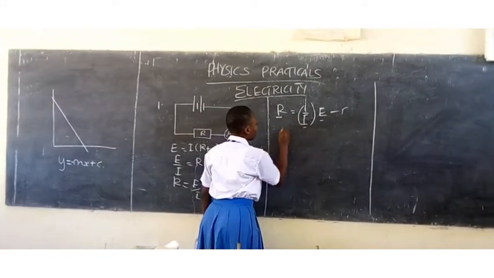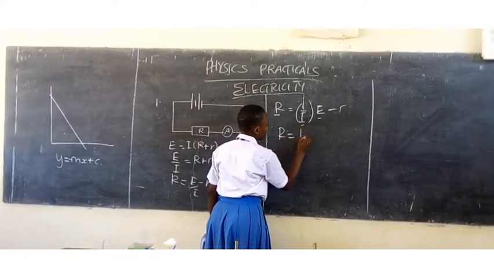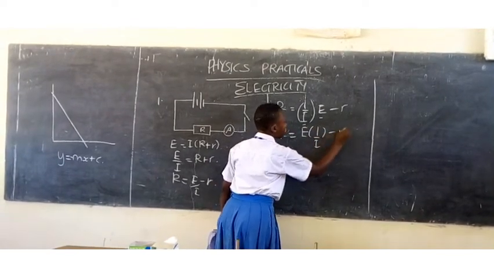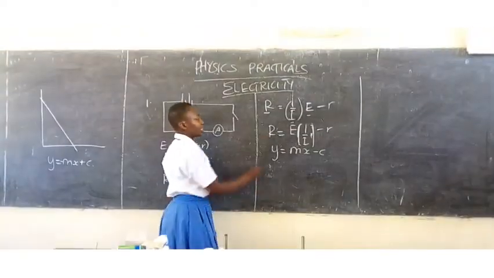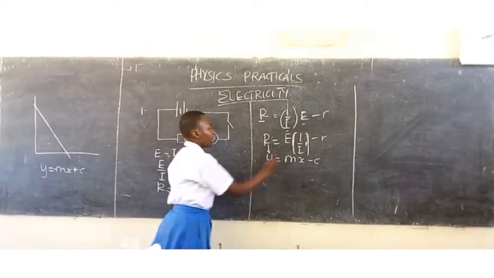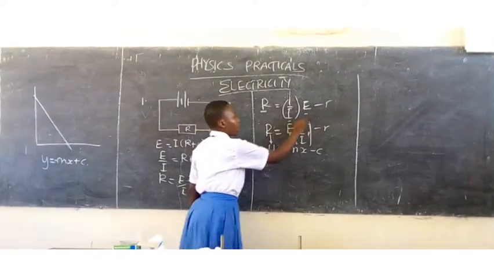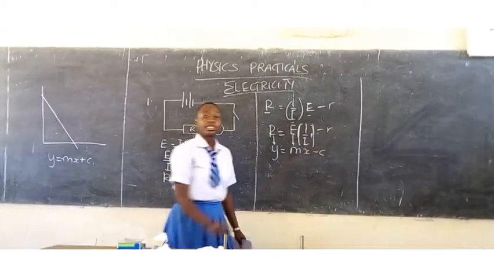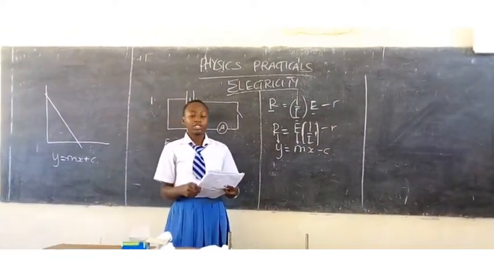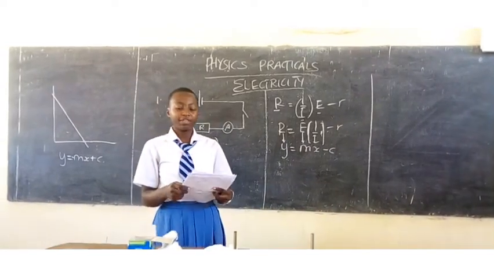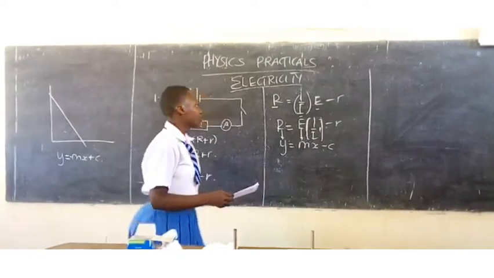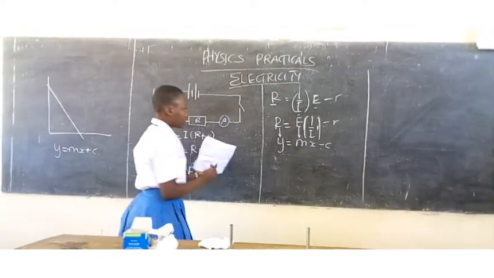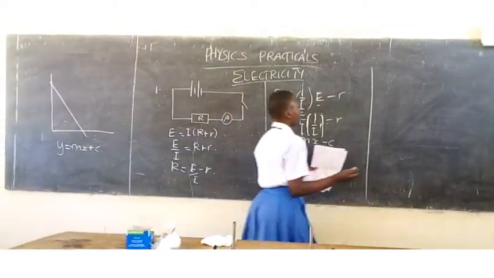If I arrange it like this and compare it with y equals mx plus c, then R corresponds with y, E corresponds with m, 1 over I corresponds with x, while negative r corresponds with negative c. Generally, E of a cell is 1.5 V, and r of a cell is approximately 0.8. So, measure the graph.